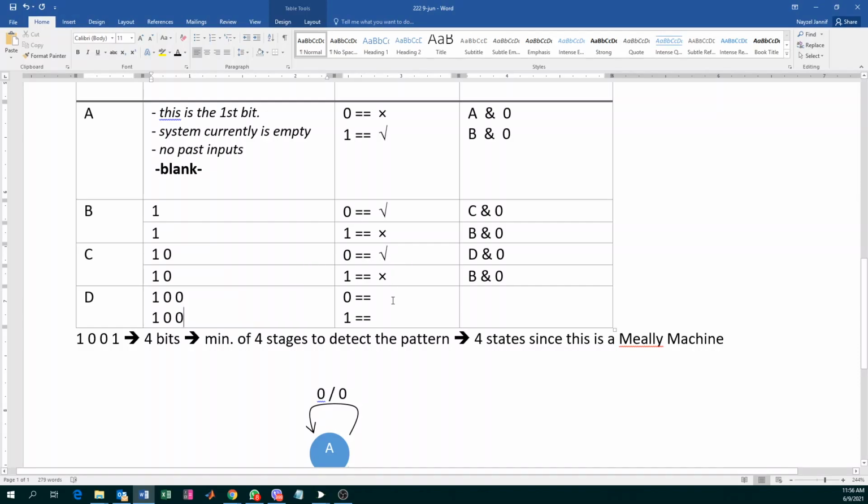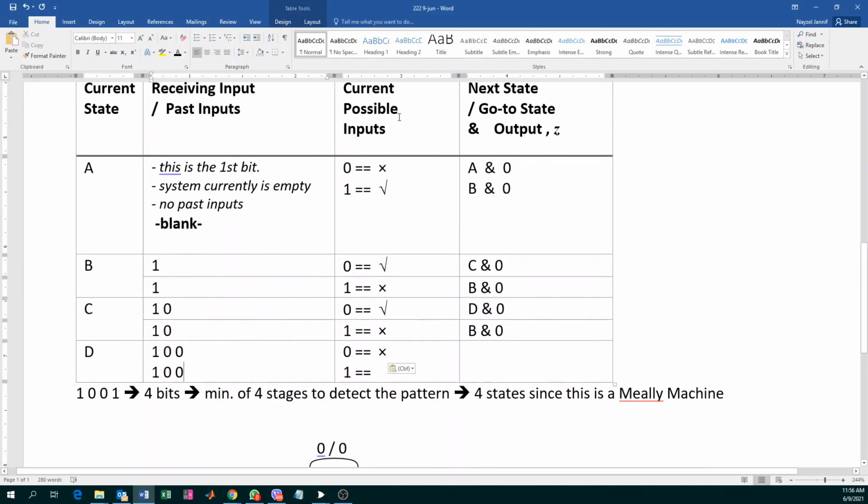And if you receive a 0 this time, it will become 1000, then you're out. And if you receive a 1, your final sequence becomes 1001, because you have to look at past inputs together with the current input to read the current set. The current set becomes 1001. So you're finally in.